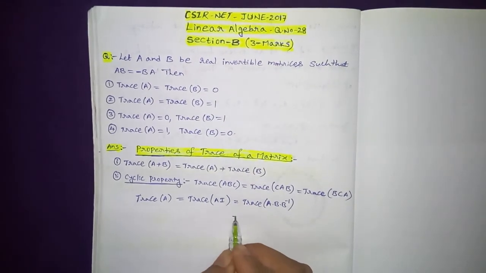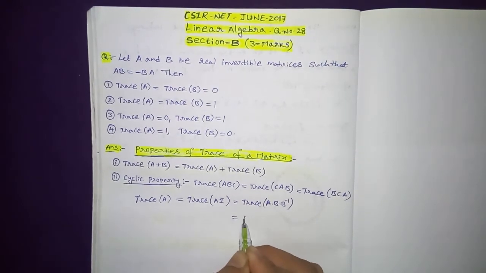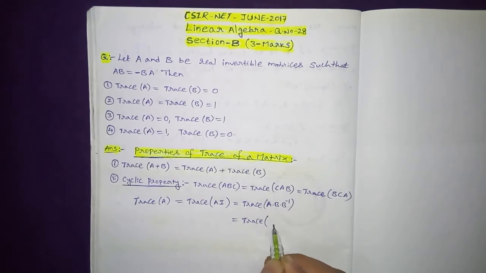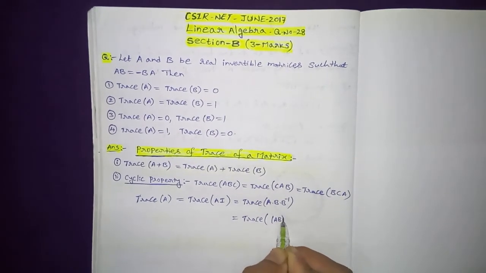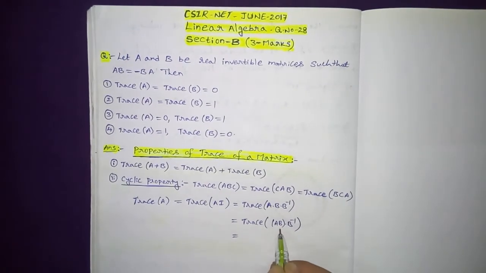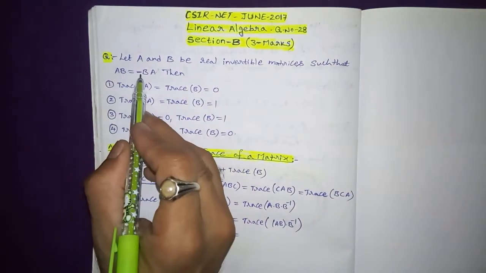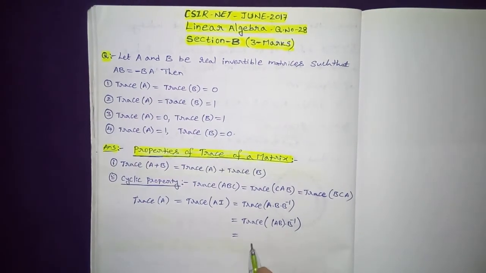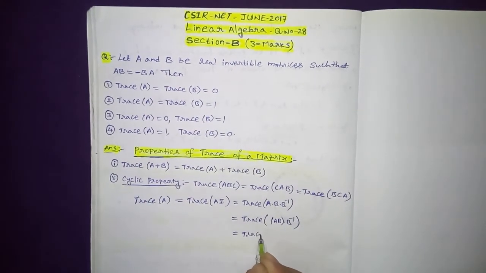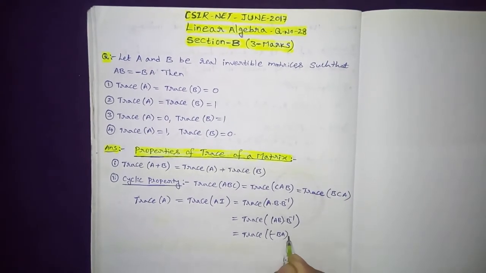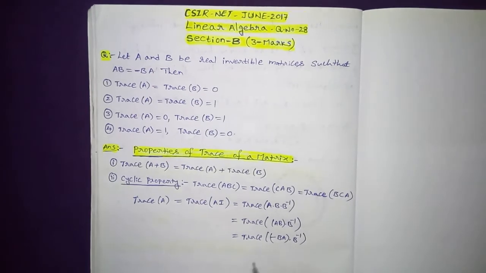Okay, so this is equal to trace of AB into B inverse. Given that AB is equal to minus BA, in place of AB we can write minus BA. So this is trace of minus BA into B inverse.